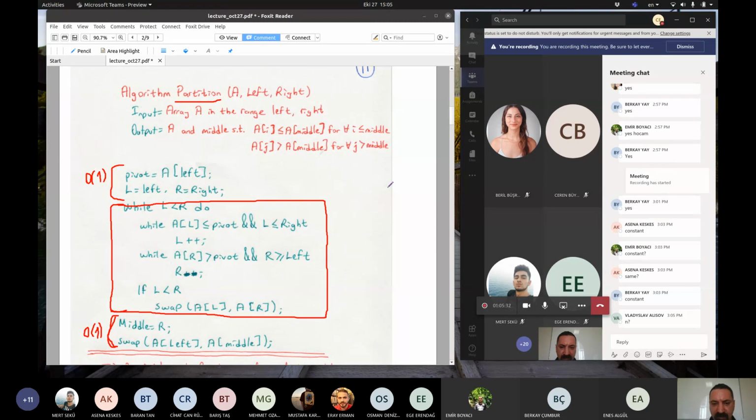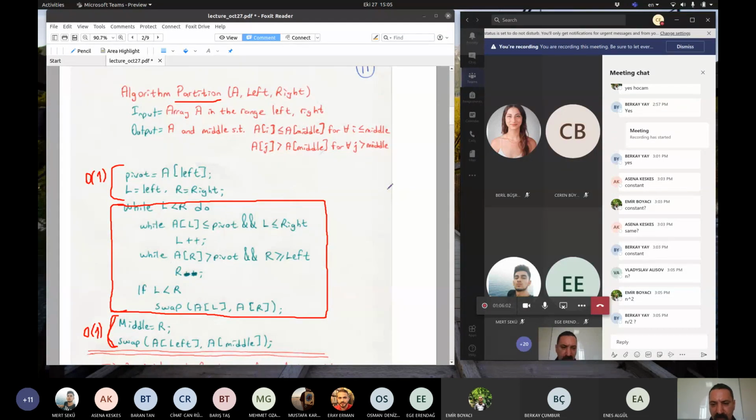So Vladislav guesses that it might be n. Any other guesses? N square. There are two guesses of n square. Anything else? So why is it n square? Let's ask Emir first, for instance. Emir, why do you think it might be n square?